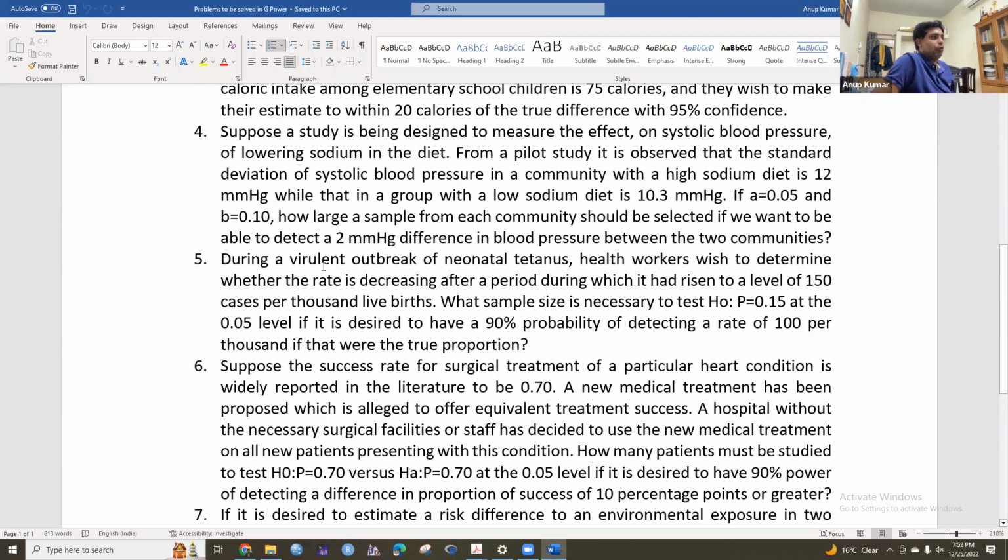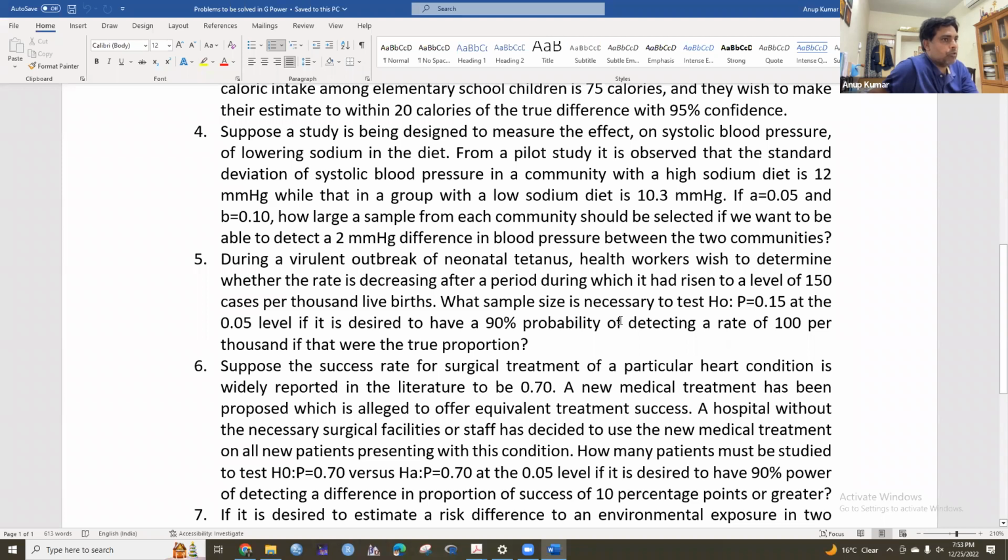During a virulent outbreak of neonatal tetanus, health workers wish to determine whether the rate is decreasing after a period during which it had risen to a level of 150 cases per 1,000 live births. What sample size is necessary to test H0: P = 0.15 at the 0.05 level, if the desired power is 95% probability of detecting a rate of 100 per 1,000, if that were the true proportion?